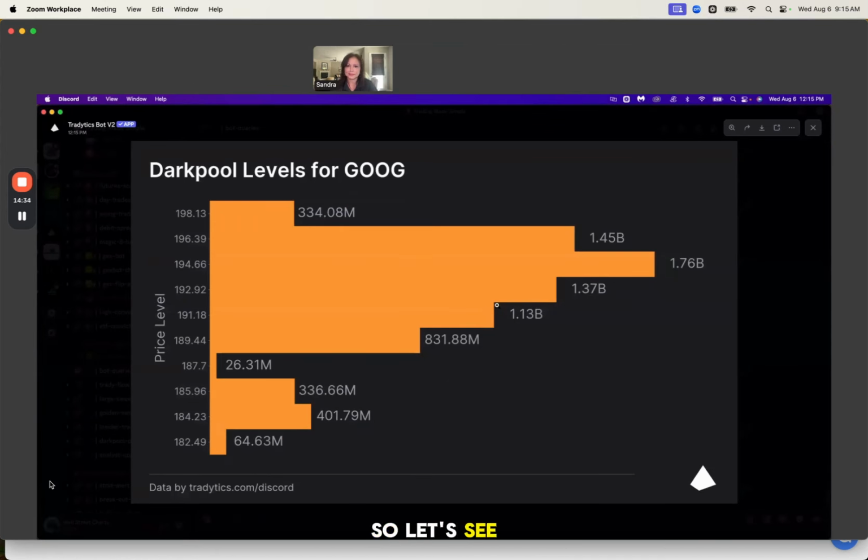So let's see. We have here dark pool for Google. On the lower side we didn't have much dark pool, but the dark pool activity is located at 189.44. We start here with 831.88 million, and then we have 196.39, that's 1.45 billion.